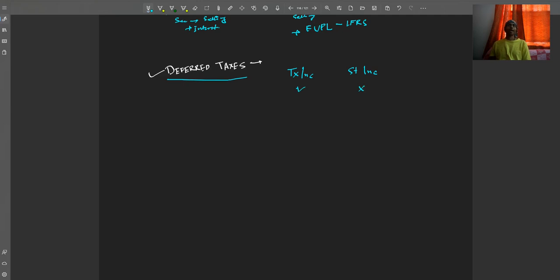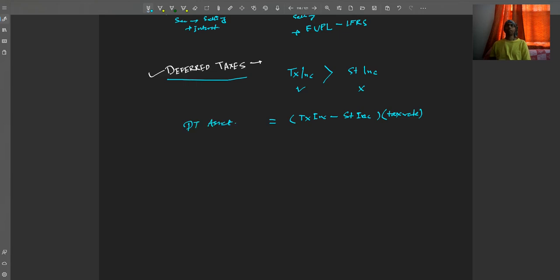In that case, the taxable income becomes greater than the statement income. This results in a difference, and if you multiply this by the tax rate, we have what we call a deferred tax asset.